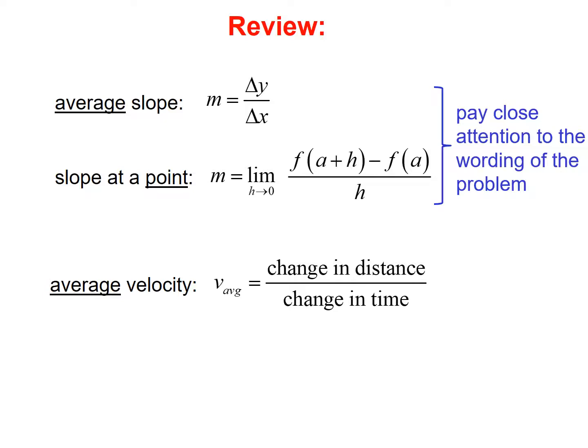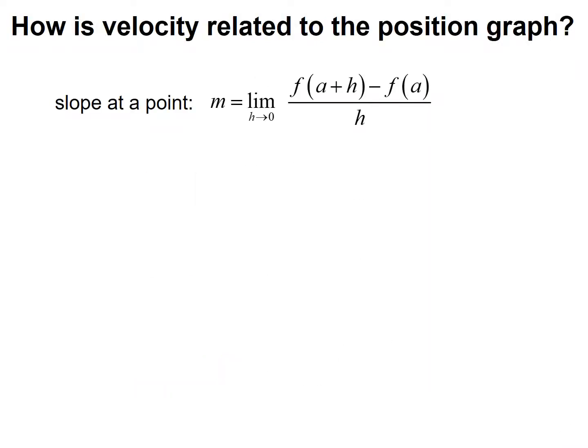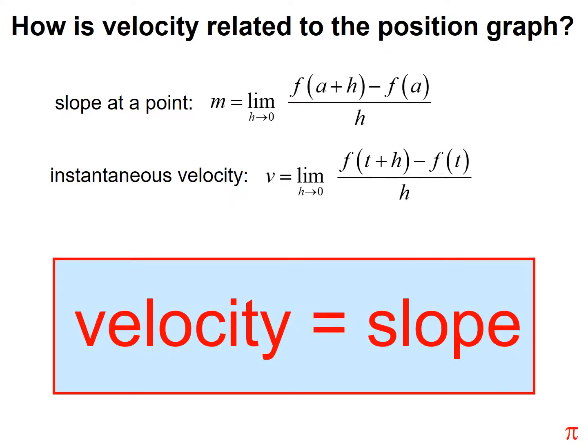And average velocity is change in distance over change in time, and the instantaneous velocity is the limit of the difference quotient. So again, make sure you're paying really close attention to the wording there, but notice the relationship here that slope and velocity are essentially the same thing. So if we're given position, the velocity is the slope of the position curve.